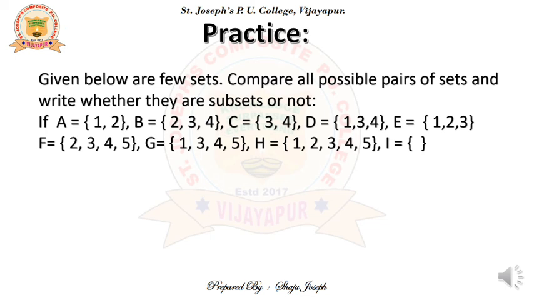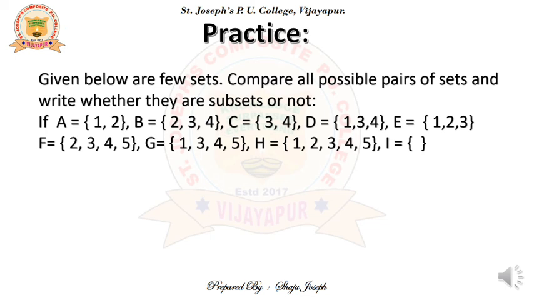So these are the sets given here: A is {1, 2}, B is {2, 3, 4}, C is {3, 4}, D is {1, 3, 4}, E is {1, 2, 3}, F is {2, 3, 4, 5}, G is {1, 3, 4, 5}, H is {1, 2, 3, 4, 5}, and I, last but not the least, the null set or the empty set.